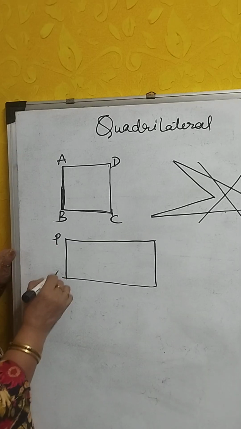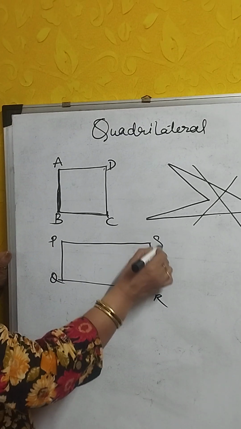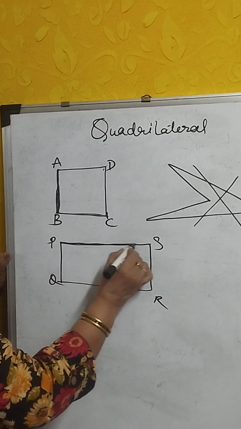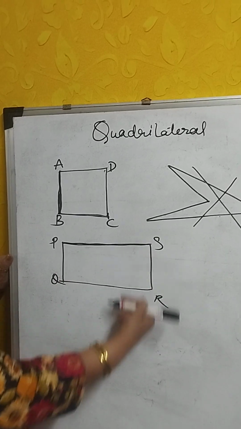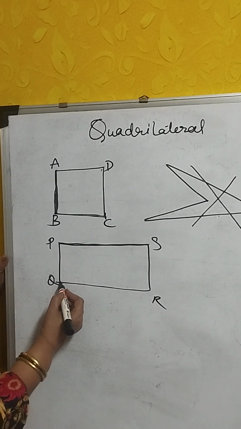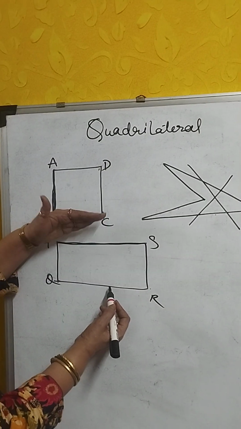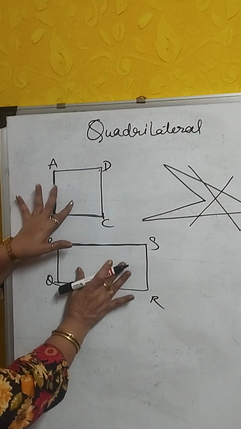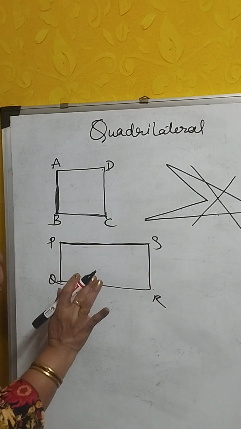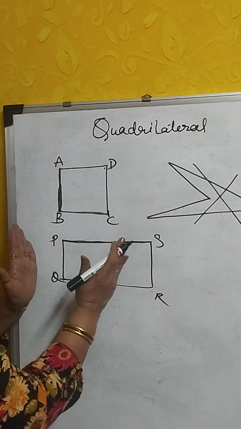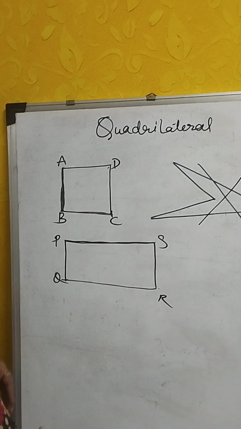This is PQRS. If you consider PS, all three sides are on one side. If you consider QR, the remaining three sides are on one side. This is a quadrilateral. Are you understanding? This is the basic meaning of the quadrilateral.